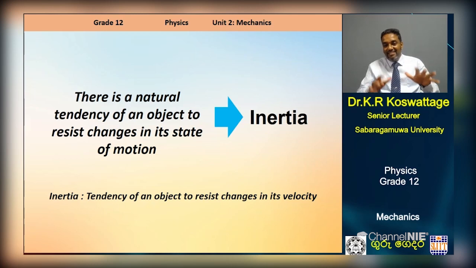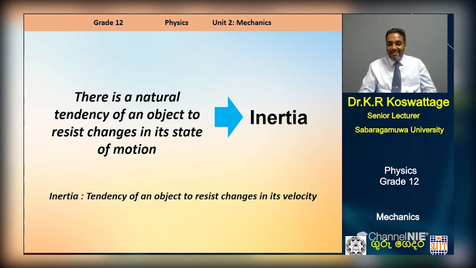So if the existing state is at rest, then objects want to be at rest. If the existing state is moving, then objects tend to stay moving since the existing state is moving.